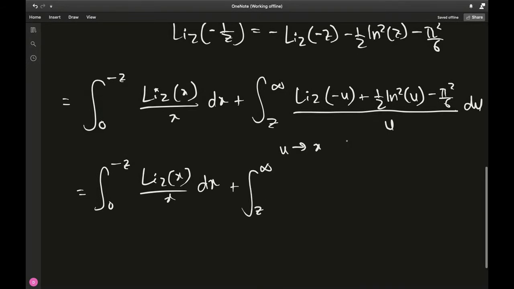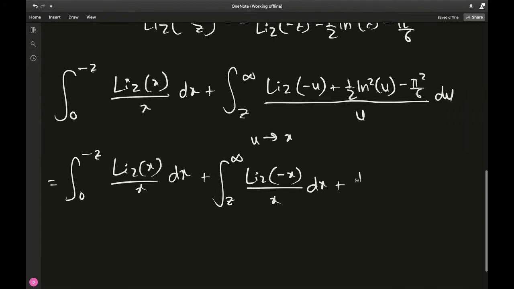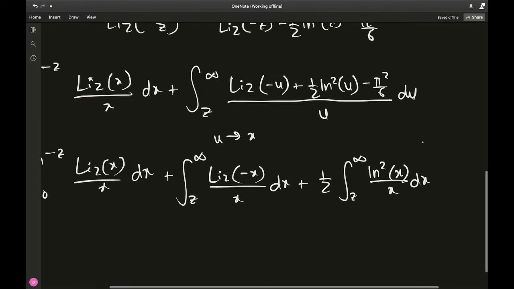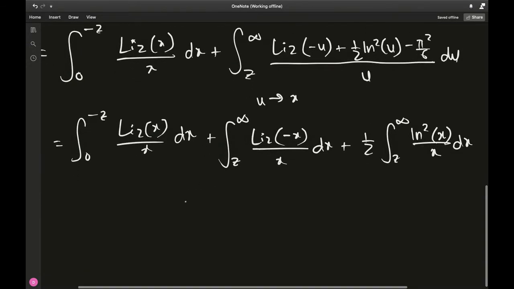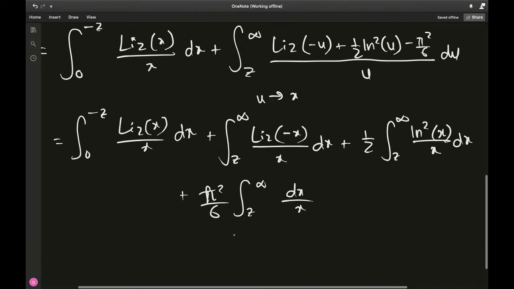It's a definite integral, we can change variables as long as the integrand remains the same, plus half integral from z to infinity natural log squared of x over x dx. I'll write it below, plus pi squared over 6 is a constant which can be taken out, integral from z to infinity of dx over x.